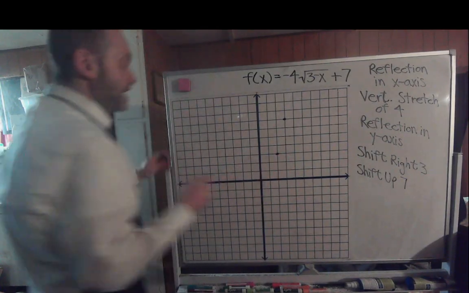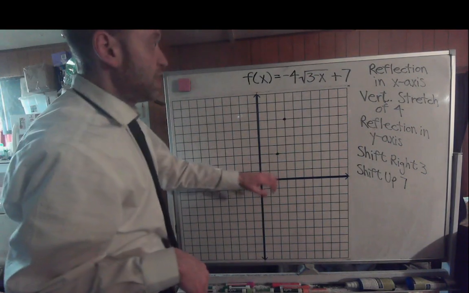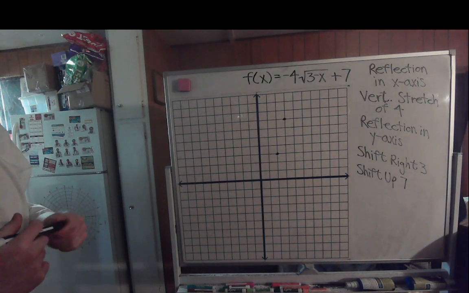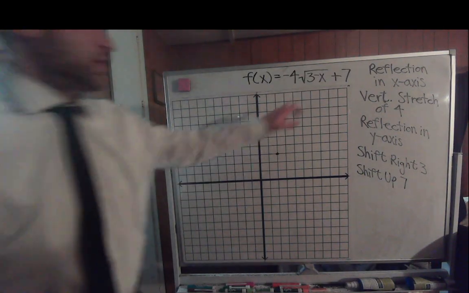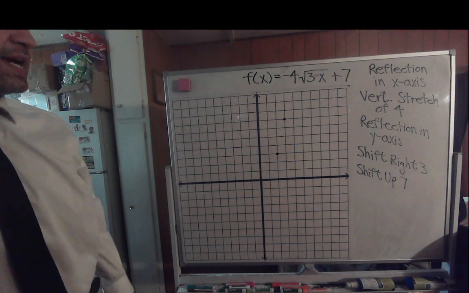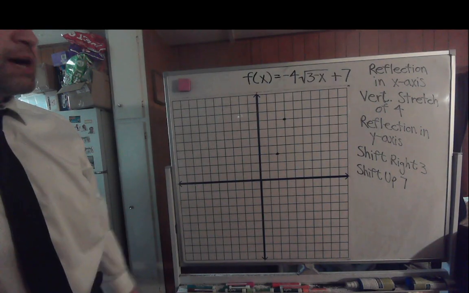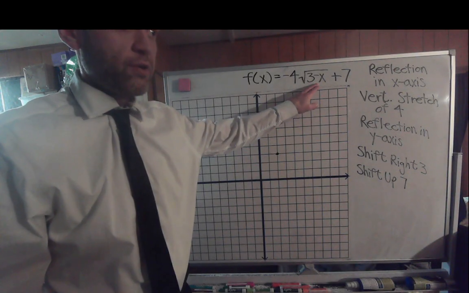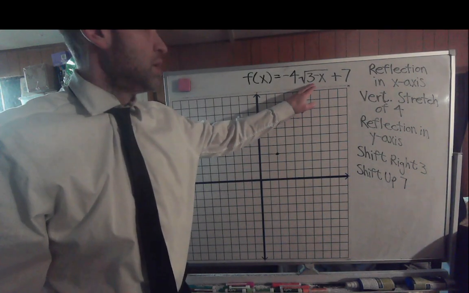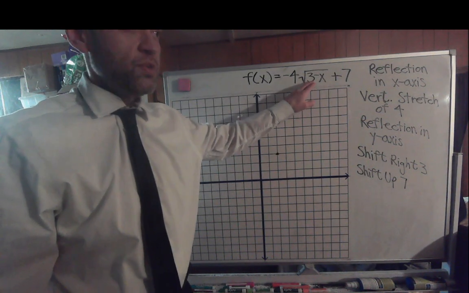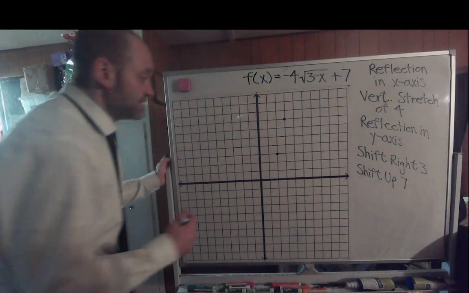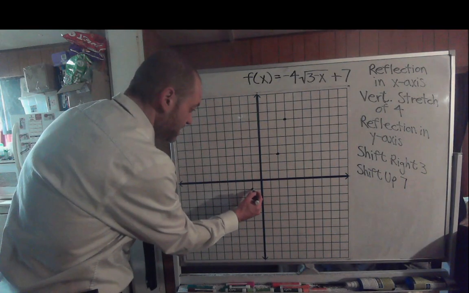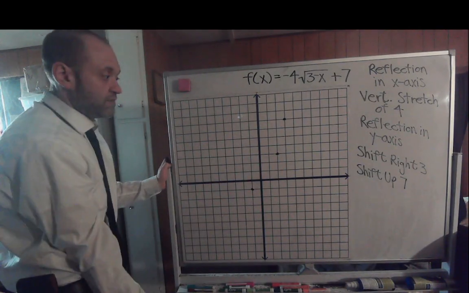So when x is 2, I'll have a y value of 3. Now, let's say I put in negative 1 for x. What am I going to get? I would actually end up getting 3 plus 1, which would be the square root of 4, which is 2. So negative 4 times 2 is negative 8, plus 7 is actually negative 1. So at negative 1, I'll have a y value of negative 1.